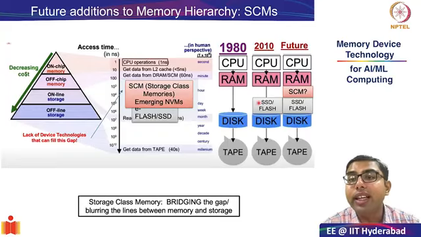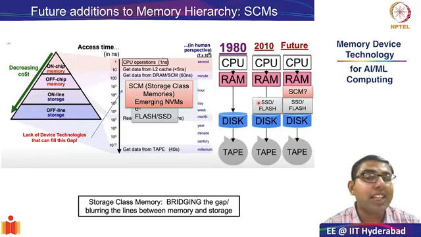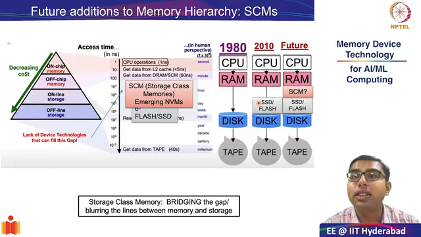In the 1980s, the flash cell was discovered at Toshiba, and as a result, after a few decades, solid state drives became very common and could fill up a big chunk of the missing hole in the memory hierarchy.